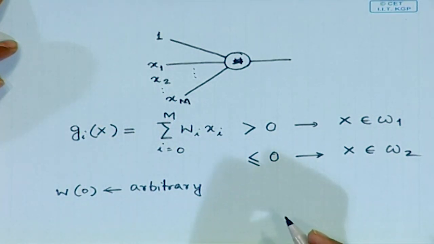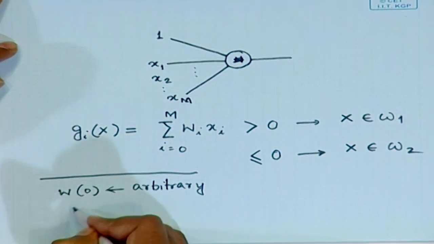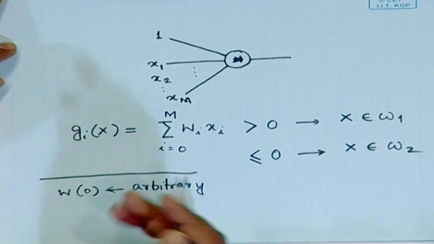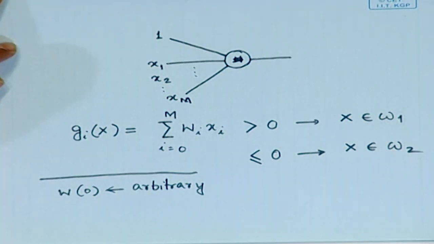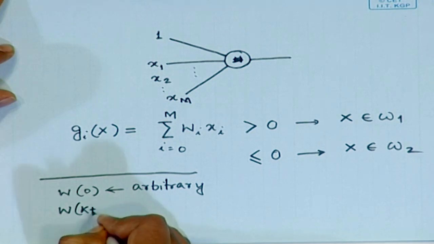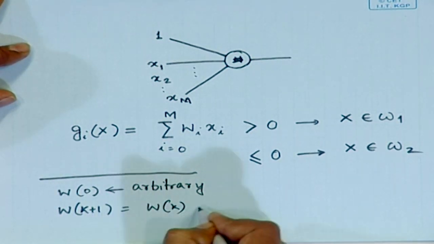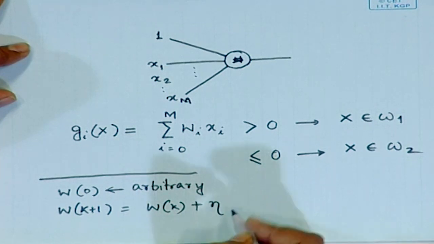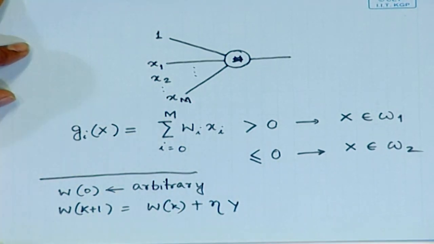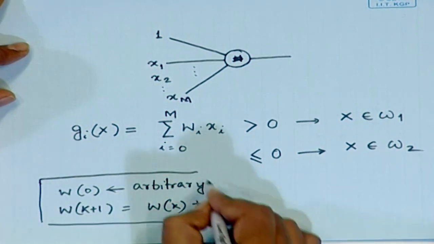Then at every iteration stage, the weight was chosen as w(k+1) equal to w(k) plus eta times y. This is what we had in the case of the perceptron criteria.